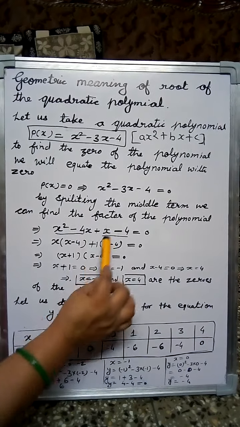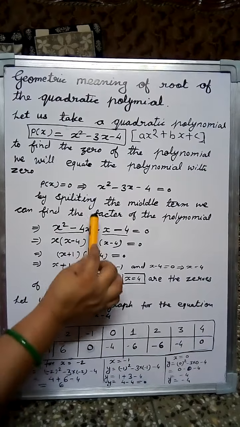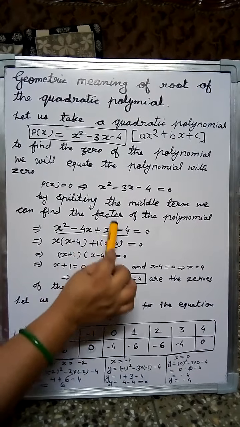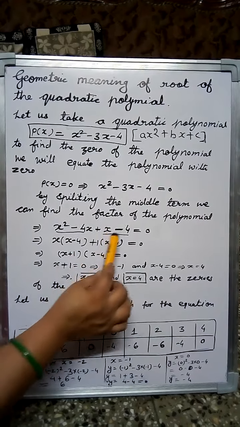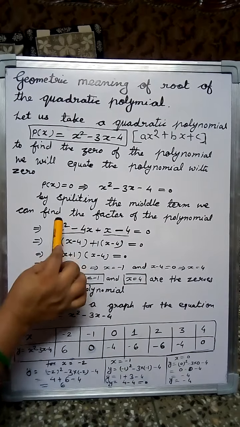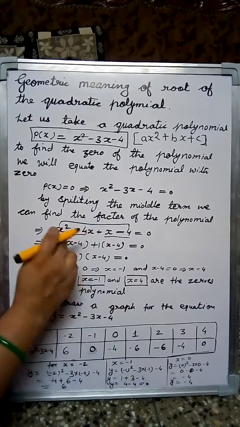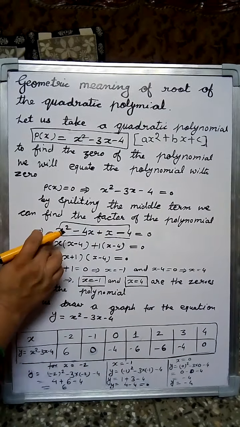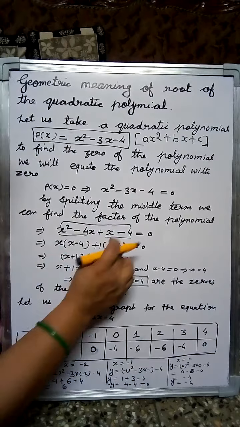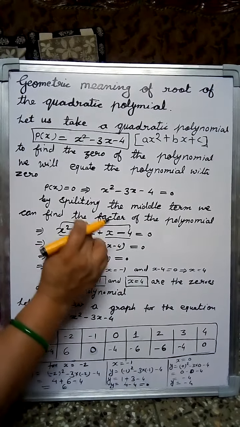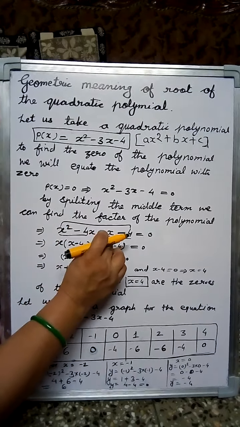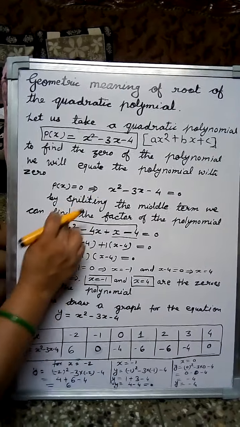When we split the middle term, the product of the two middle terms should be equal to the product of the extreme terms. The product of the extreme terms is x square times minus 4, which is minus 4x square. Now see the product of these middle terms: minus 4x into x is equal to minus 4x square.